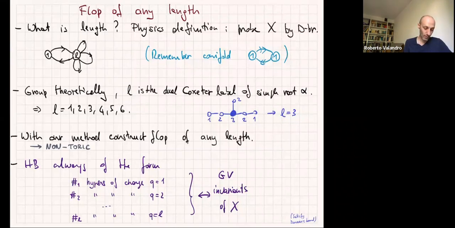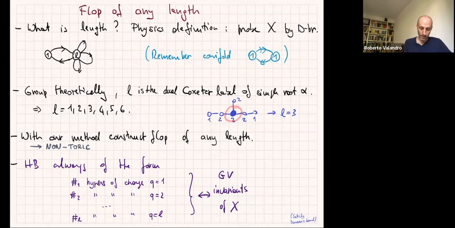While if you probe this singularity, even with one brane, you get some non-abelian nodes. These non-abelian nodes encode some numbers, and the occupation number is the length L. Group theoretically, this L is the dual Coxeter label of the blown up P1. That's why I chose to construct a flop blowing up this, because it's a flop of length 3. So it's a high length flop.